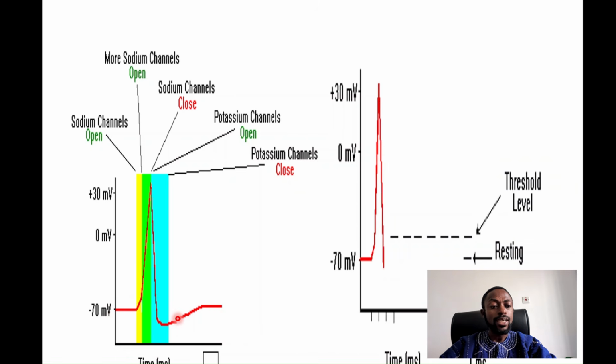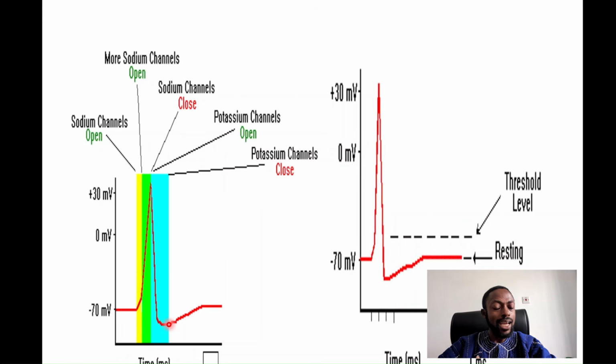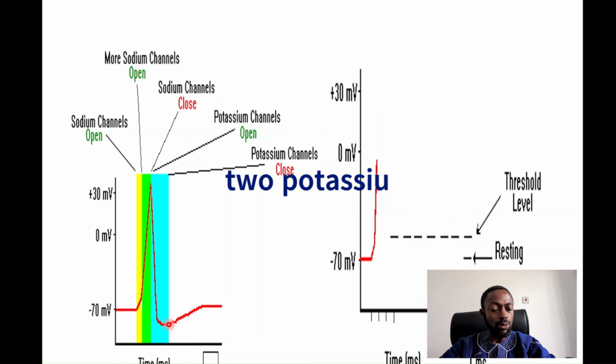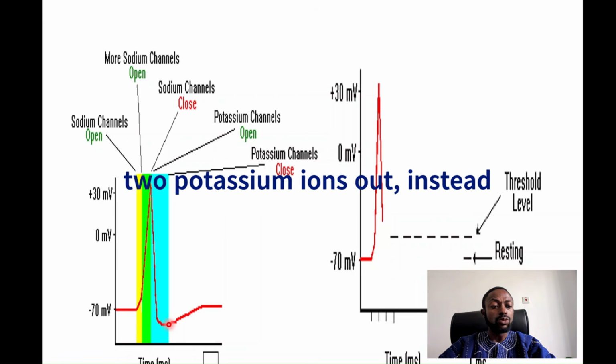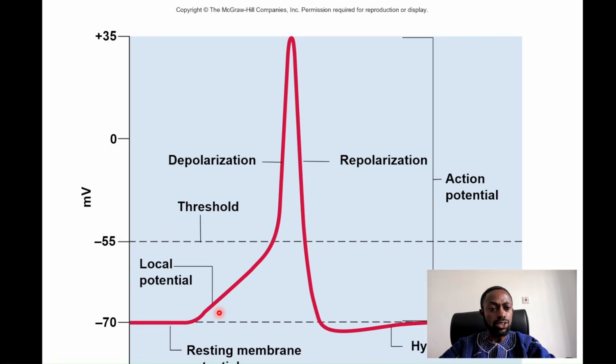So if during repolarization and hyperpolarization the cell was driven to minus 90 millivolts, the voltage needs to come back to minus 70 millivolts. That is where pumps like the sodium-potassium pump come in, pumping 3 sodium ions out and moving 2 potassium ions in. By so doing, you are able to bring the cell back to its resting membrane potential so that the next cycle of action potential will continue.